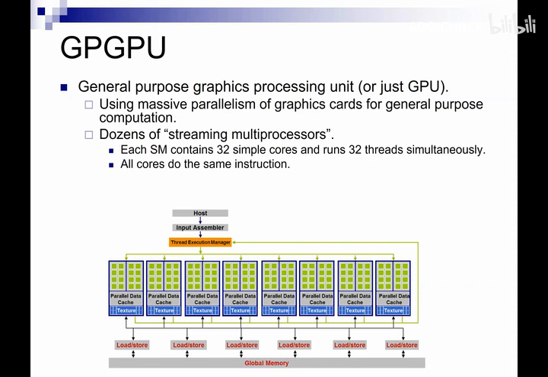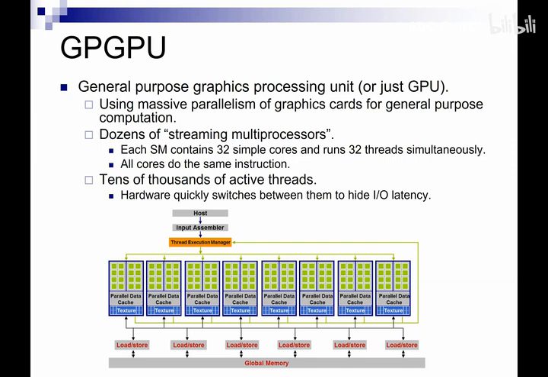And then a GPU would consist of several dozen SMs, each of which has 32 cores. Each of these SMs can run 32 threads simultaneously, or in fact, it can run more than 32 threads, but only 32 simultaneously. And ideally, all of these cores are doing the same instruction. If they do different instructions, then as we'll see later, we actually get a performance hit.